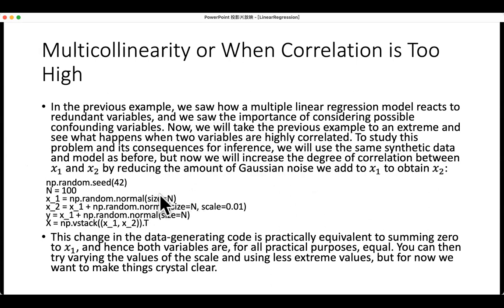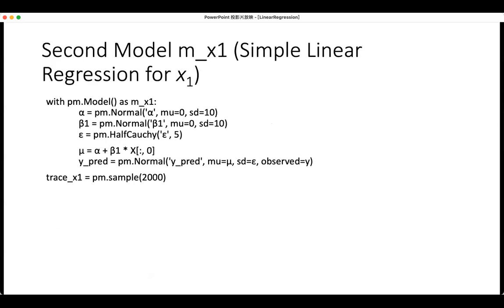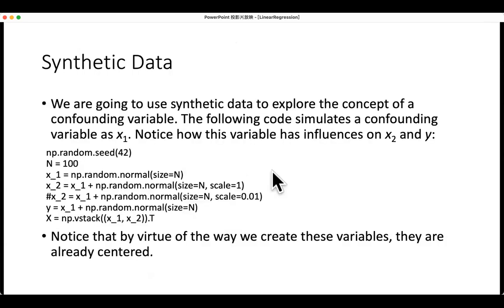So here we try to generate another data set with 100 points. Everything is very similar to what we had previously, except that we replace the x2 statement, x2 equal to x1 plus a random number, with this commented statement, x2 equal to x1 plus a random number with a much smaller scale than the previous one.